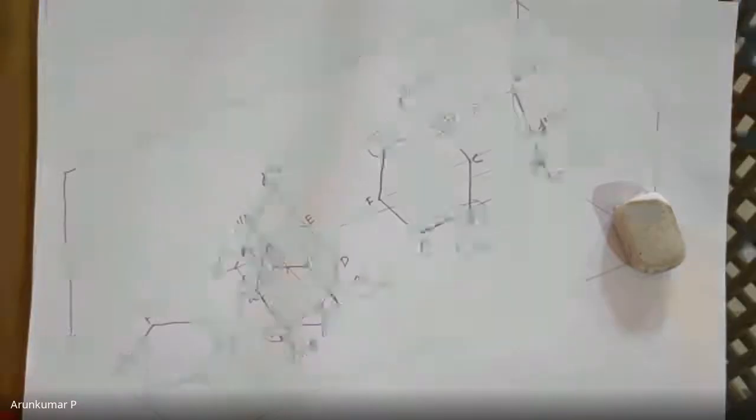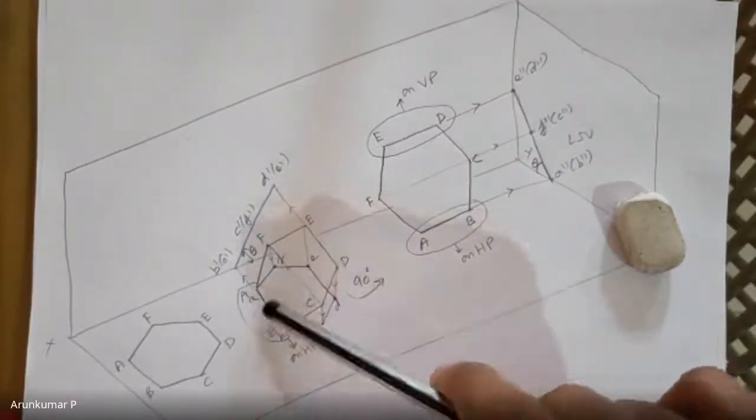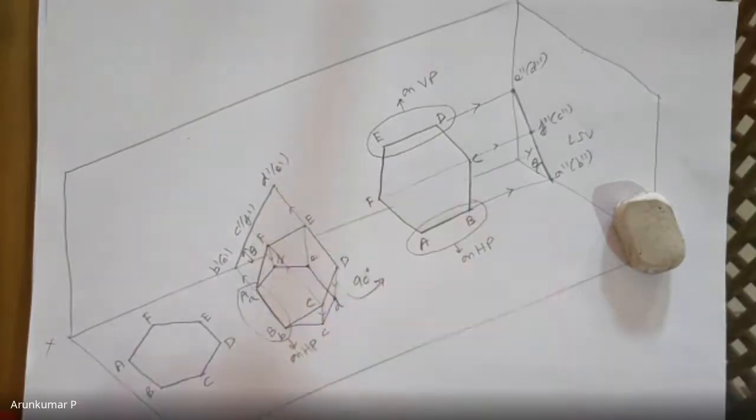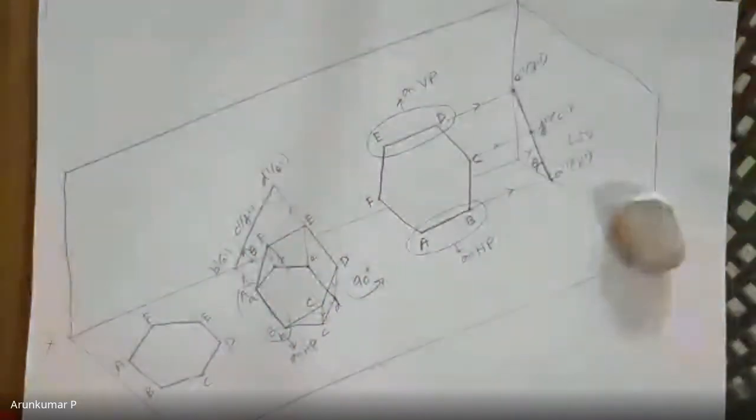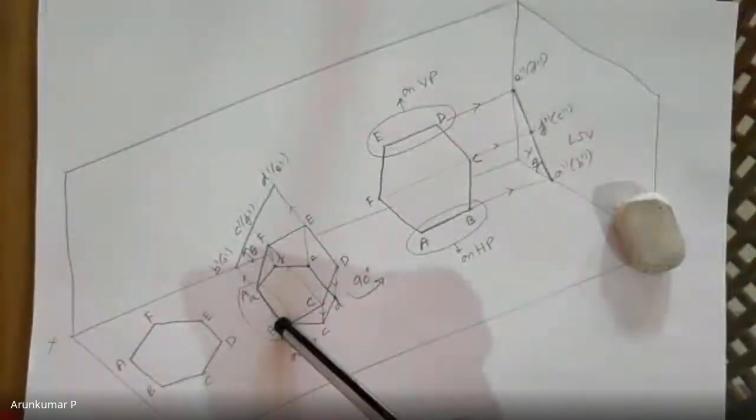One. Which one? AB. But I think DE is parallel to AB, no? What about this? You're correct. It will be 25.